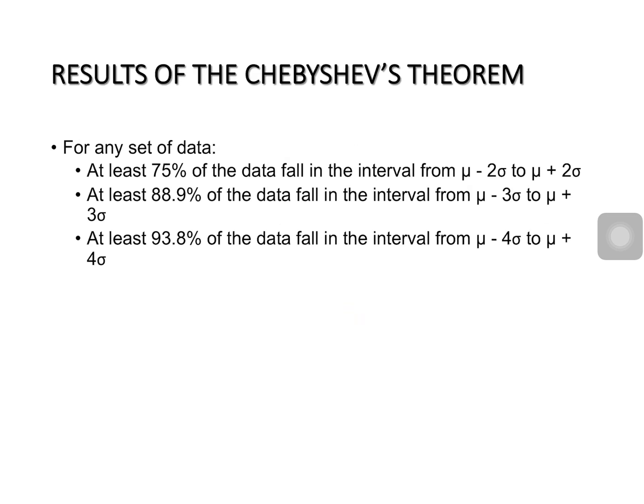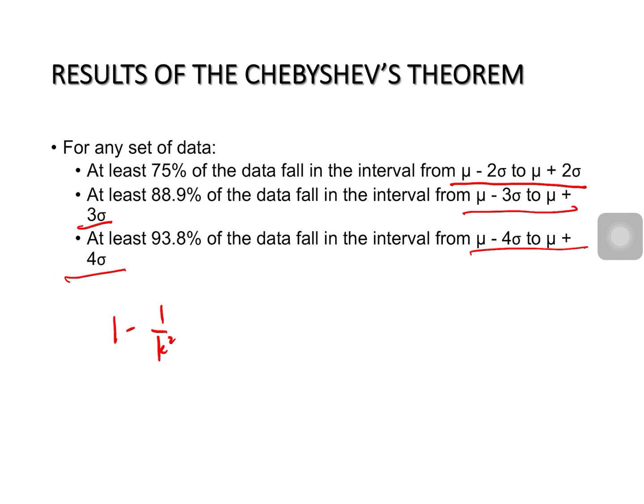For any set of data, at least 75% of the data fall in the interval from mu plus or minus 2 standard deviations. At least 88.9% of the data fall in the interval from mu plus or minus 3 standard deviations, and at least 93.8% fall within mu plus or minus 4 standard deviations. Again, this is from the formula 1 minus 1 over k squared.